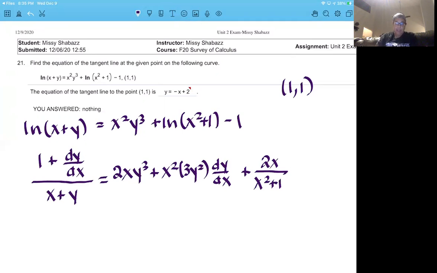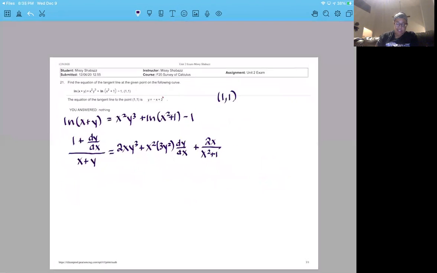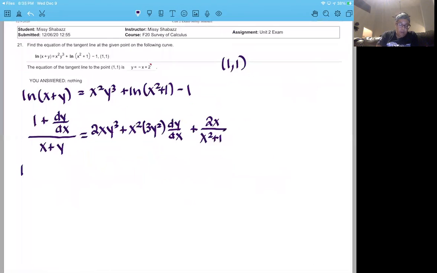All right, next I am going to separate the left side into 2 fractions. So I have 1 over x plus y plus 1 over x plus y times dy/dx.